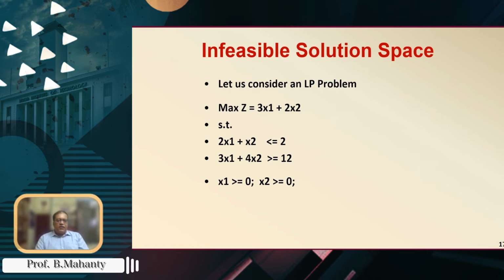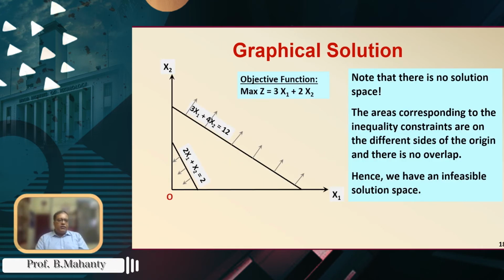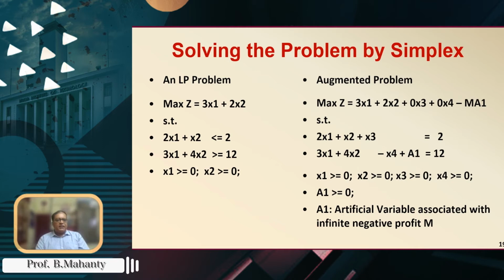But in this particular case, there is no overlap, and that is why we did not get any overlapping area. And we can say that this problem doesn't have any solution space. So that is the case of infeasible solution space.